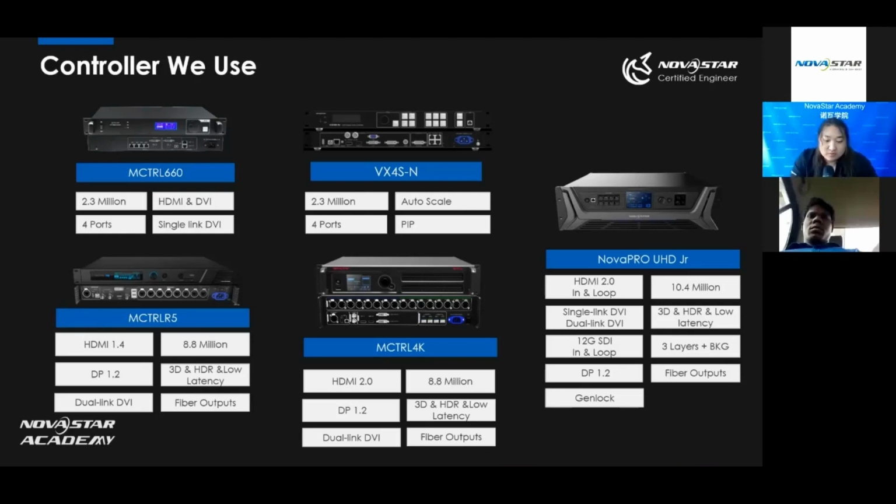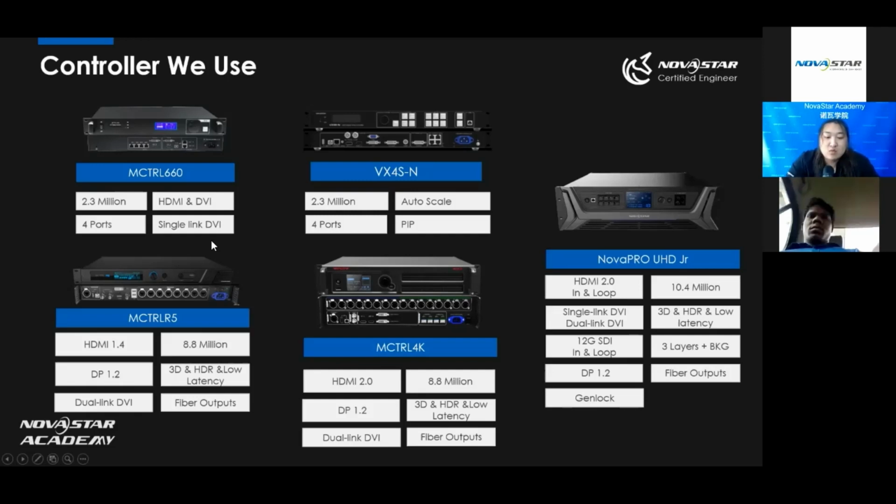solutions. It just depends on what you want to use. Let's say the first, the MCTRL 660, it has 2.3 million pixels loading capacity. It supports HDMI and DVI video input, and also 4 Ethernet or RJ45 LED outputs, and it only supports single link DVI.